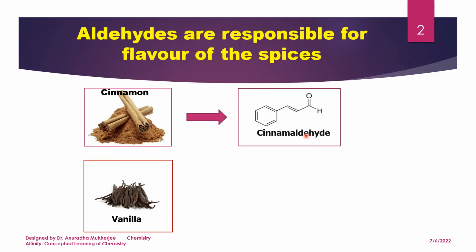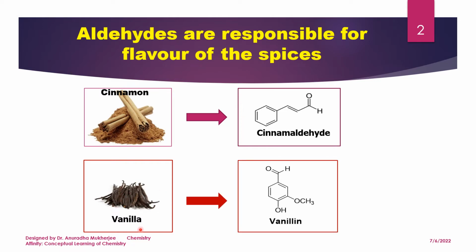Cinnamon contains mainly the organic compound called cinnamaldehyde. Cinnamaldehyde is an aromatic aldehyde because it contains a benzene ring, and this is the functional group CHO. It also contains an unsaturation. So this is the main ingredient which is responsible for the flavor in cinnamon.